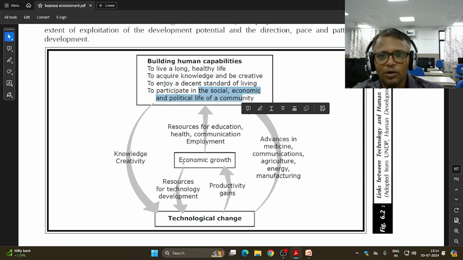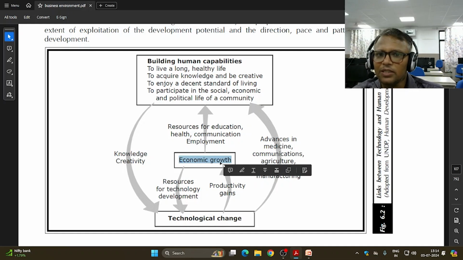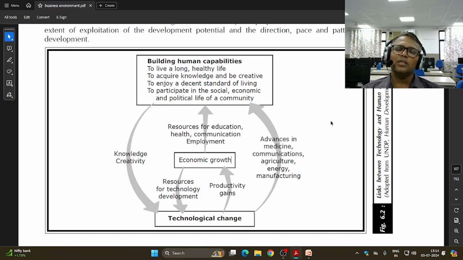Now, at the center is economic growth. As the economic growth, as the GDP increases, or as earnings and lifestyle increase, a few things happen. First, this helps in the utilization of resources for education, health, communication, and employment.